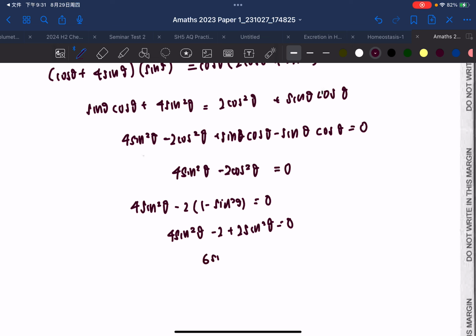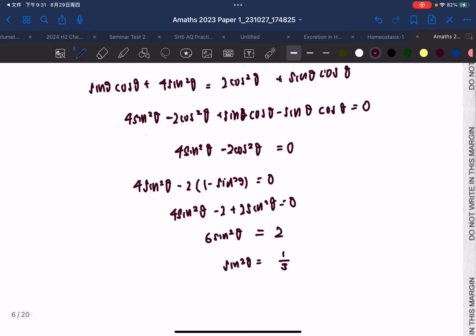I add together. Wait, something went wrong. But anyway, I add together, and sine square theta is equal to 1 over 3.